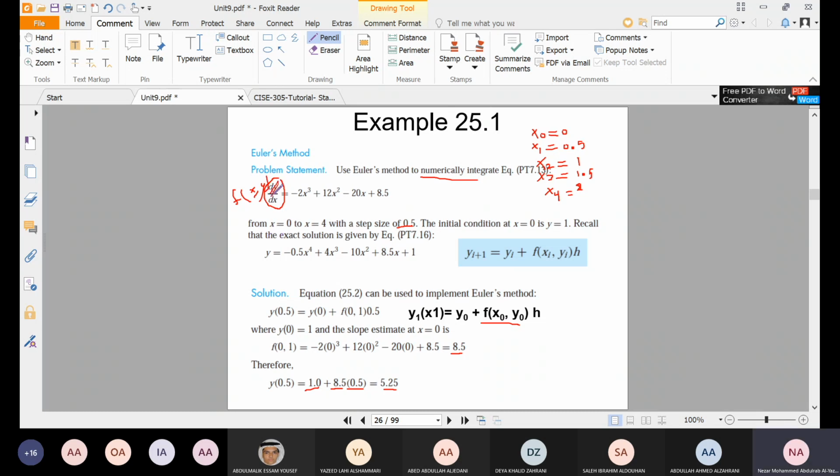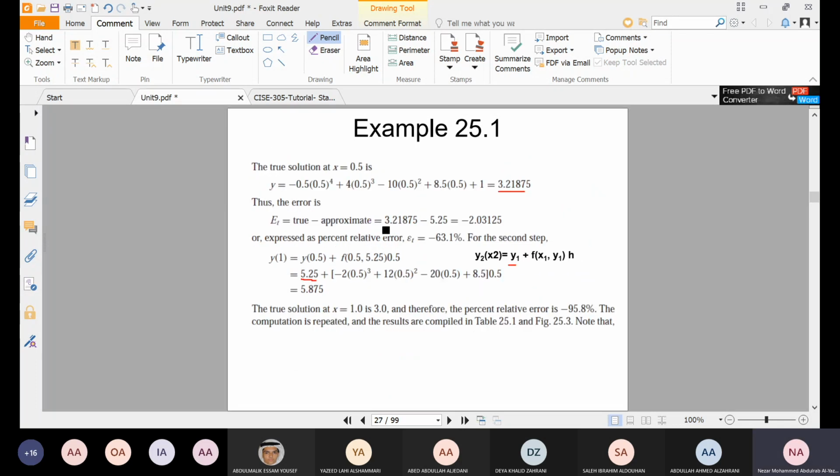After that, for all the solutions, you will use this equation, f of x, y, for different values of y and x, to estimate this slope. So here we just substitute in the ODE, and this is the value of h. Don't forget this one, 0.5. So now the new estimation is 5.875.